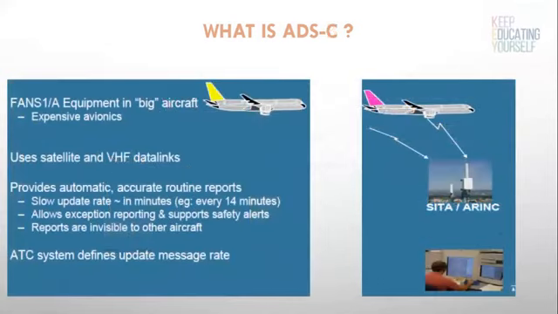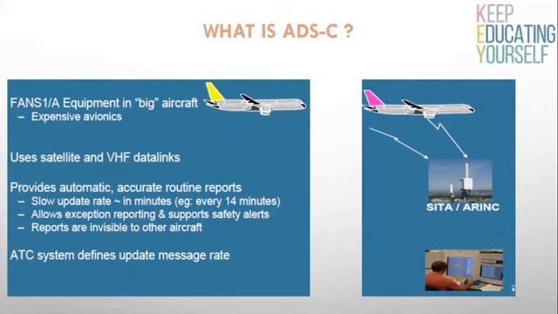What is ADS-C? The original ADS system is now known as ADS-C, contract, because reports from the aircraft are generated in accordance with a contract set up with the ground system.